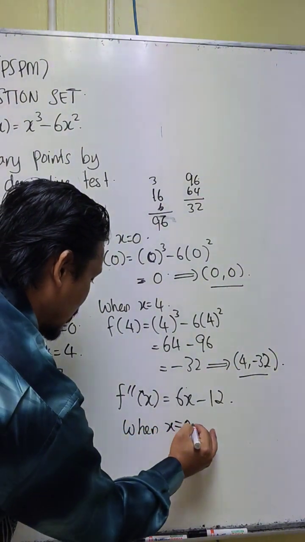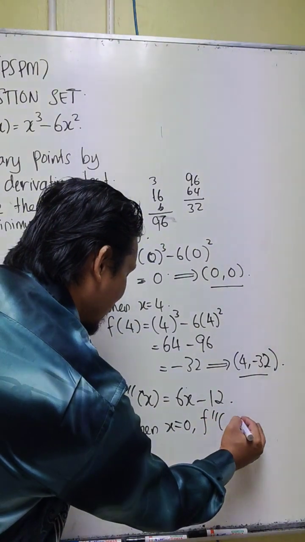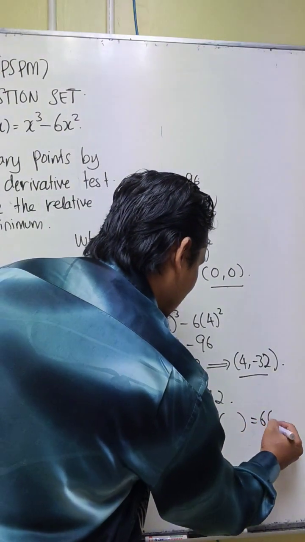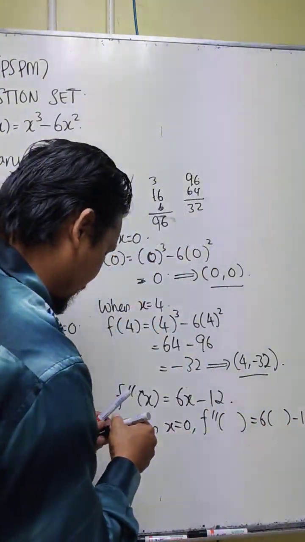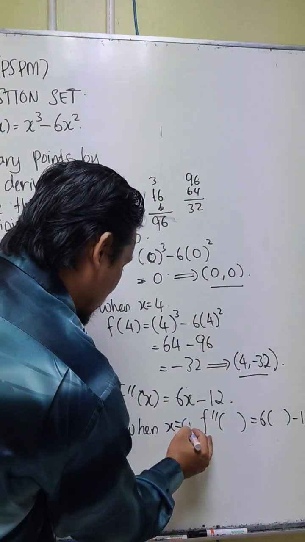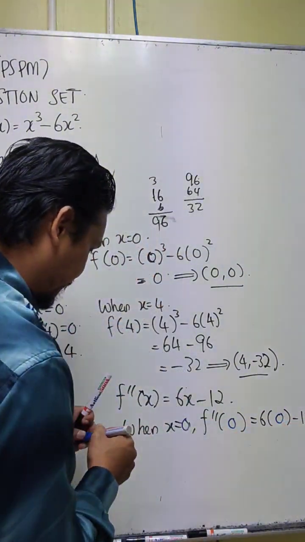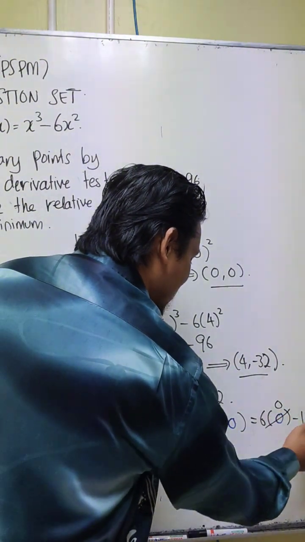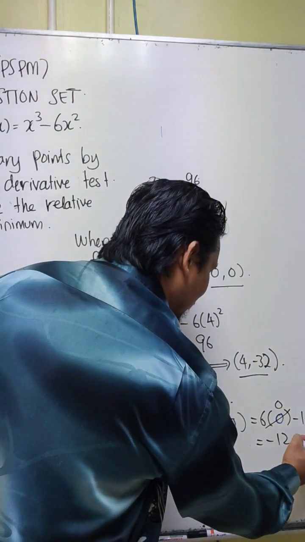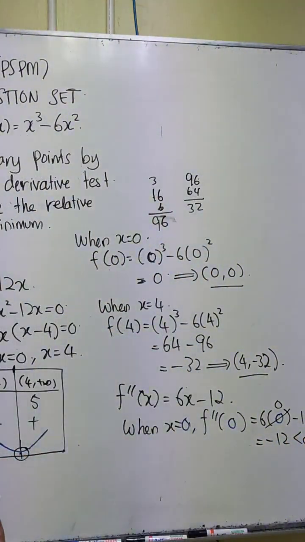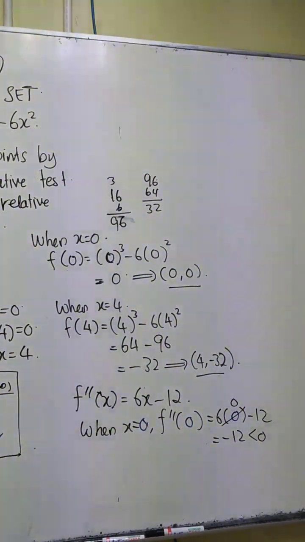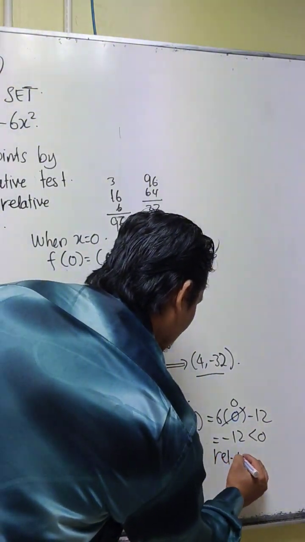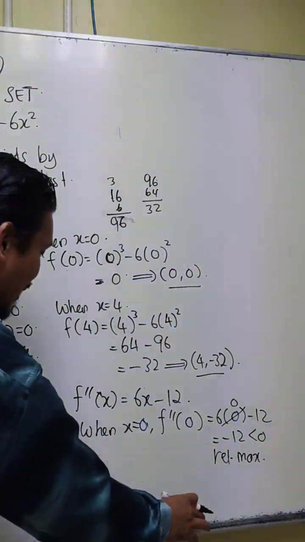When x equals 0, f double prime of 0 equals 6 times 0 minus 12, which is negative 12, less than 0. So it's a relative maximum.